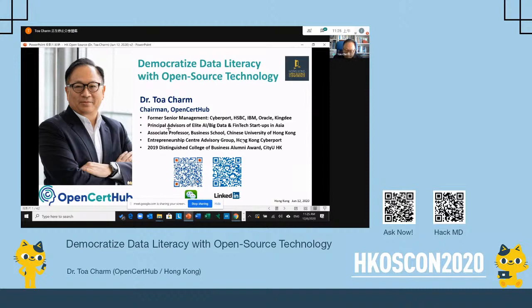I'm either the chairman or the principal advisor. I also work closely with Hong Kong Cyberport as part of their entrepreneurial committee, so we will see each other very often in the startup ecosystem.